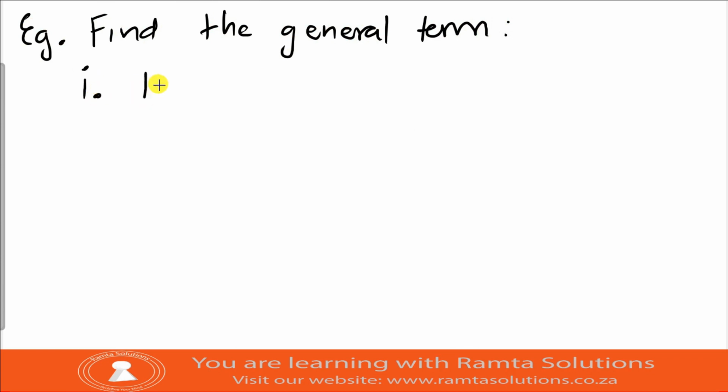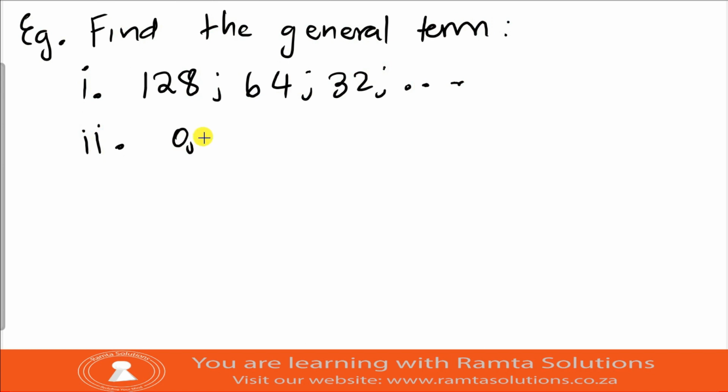Two examples will do. Number 1: 128, 64, 32, and so forth. Number 2: 0.25, 0.5, 1, and so forth.